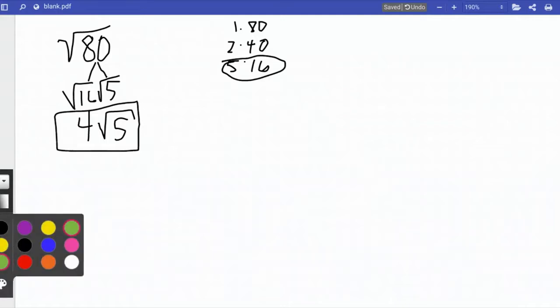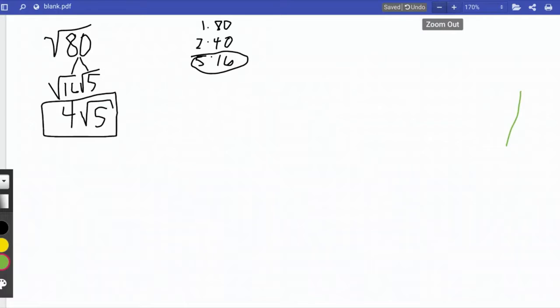So let's say I made this a little bit more difficult. I said, okay, we have the square root of 80 times x to the 5th power times y to the 6th power.